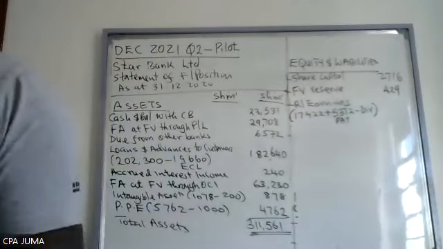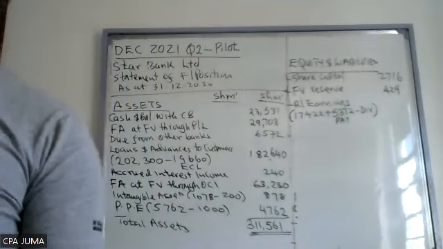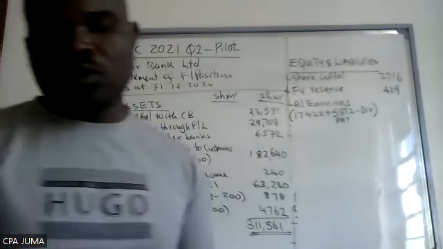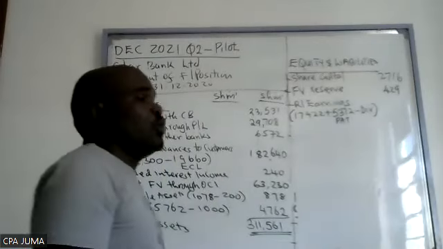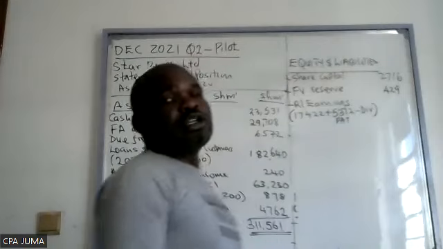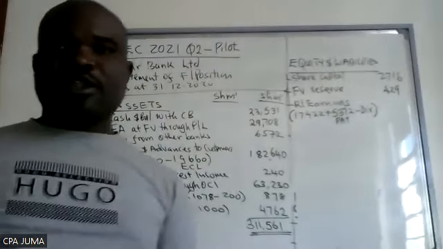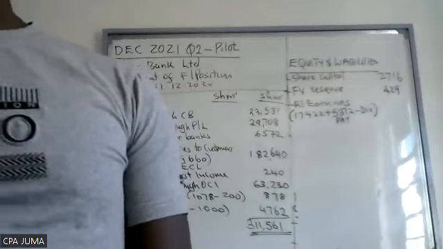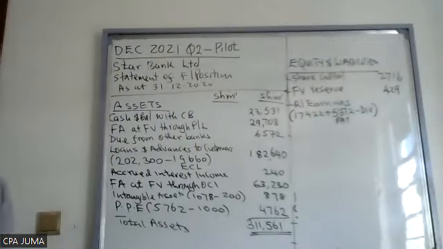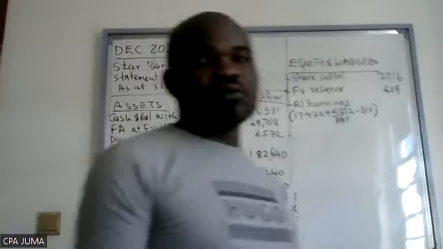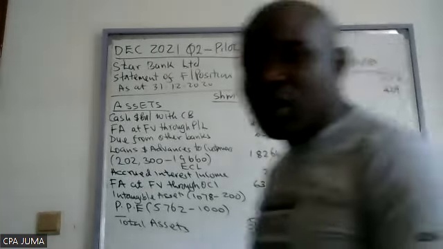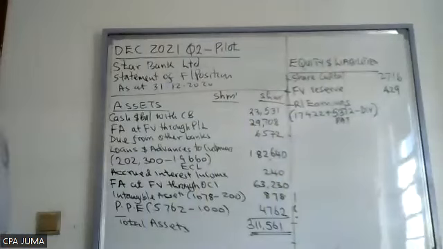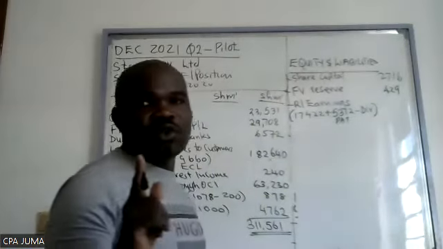What do you get? 17,422 plus that. 22,374.